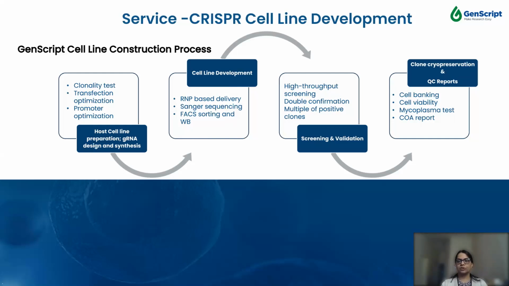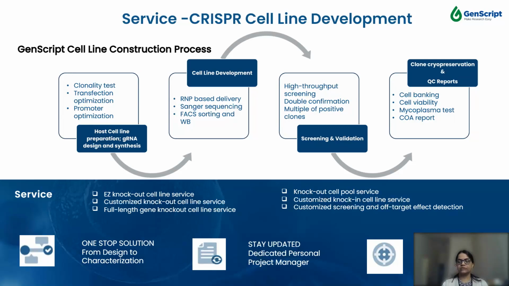We also support various delivery methods like viral vector or plasmid, and customers can select whichever method they want. At the same time, customers can specify the target gene, editing region, cell type, etc. In addition, customization service for the QC analysis is also available along with the regular service for the CRISPR cell line.